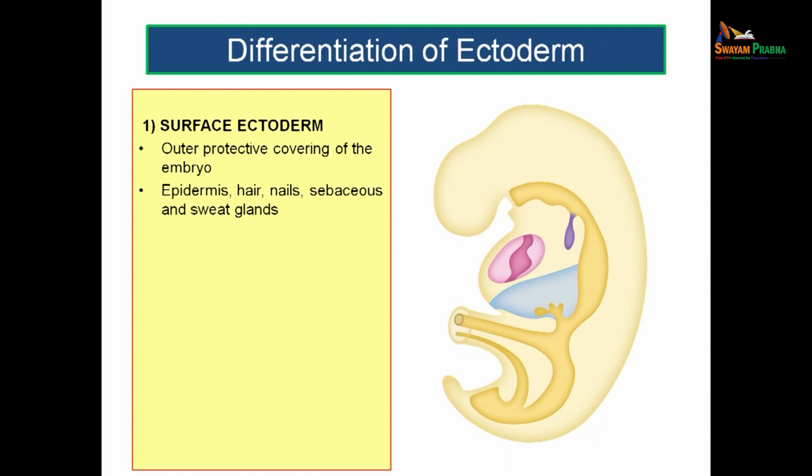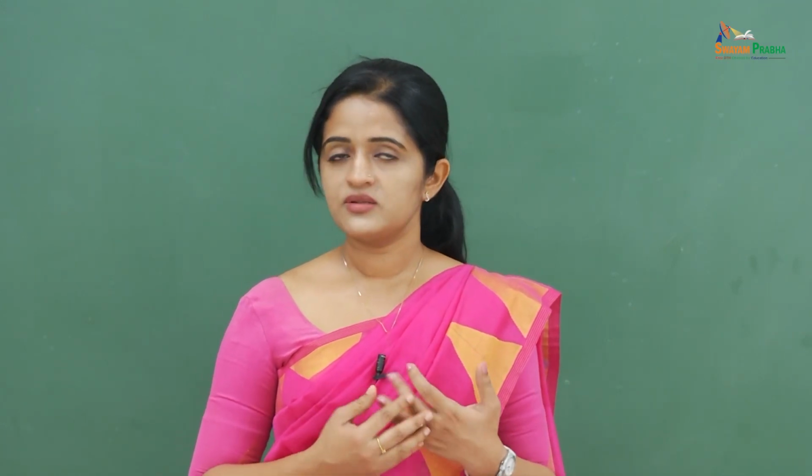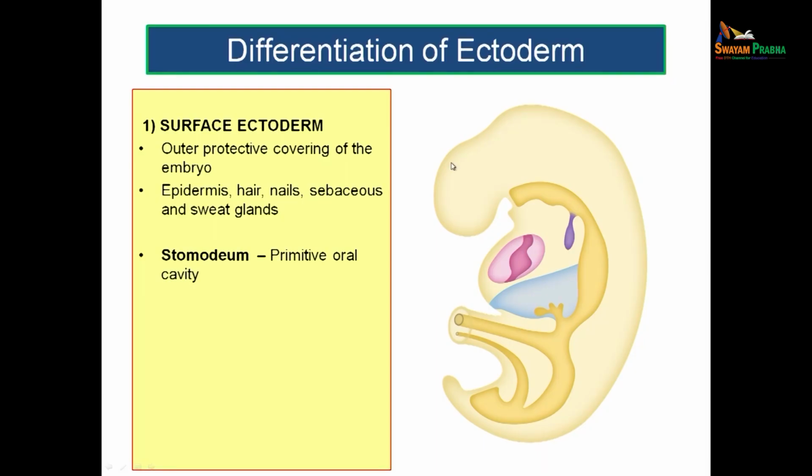Once again, the epidermis of the skin, the hair, the nails, sebaceous glands, sweat glands, all are said to be derivatives of ectoderm. And as you trace the ectoderm, in this region you can see a dip. This dip is known as stomodium. Stomodium is actually giving rise to the future oral cavity. So, this dip can be considered as the primitive oral cavity.